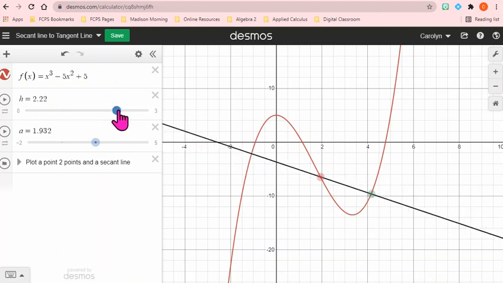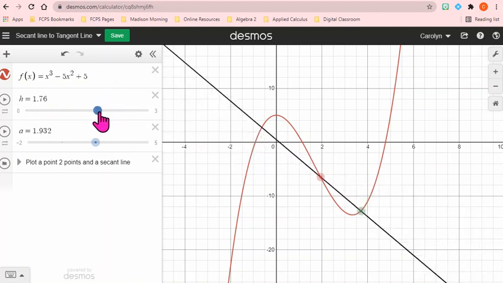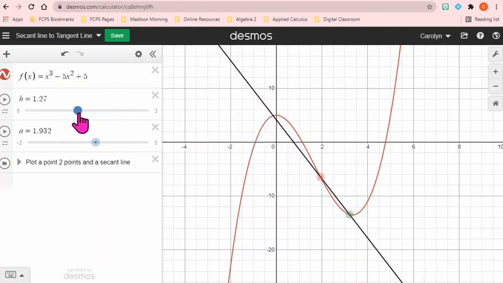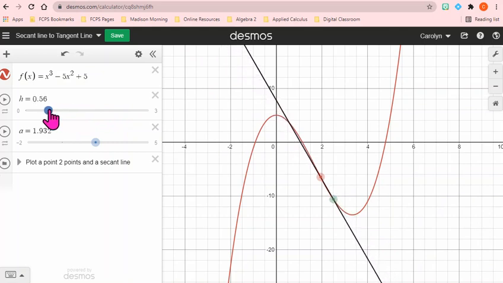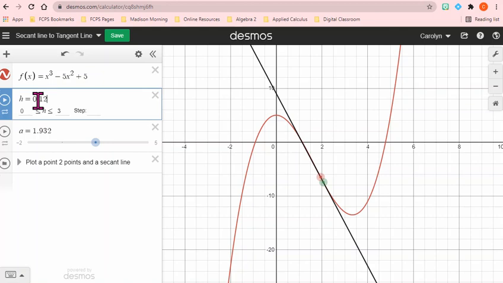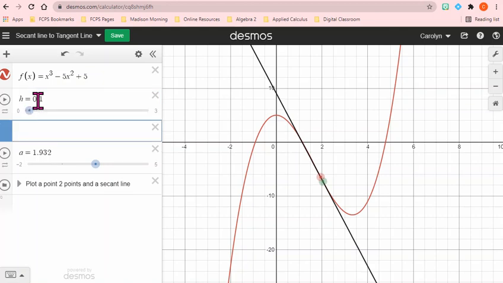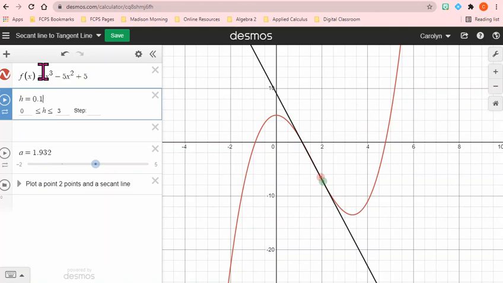As I move the points closer together, closer, closer, closer, what happens as I move the points closer and closer together? 0.01, 0.001, 0.000.